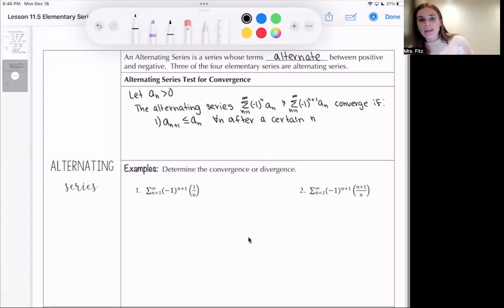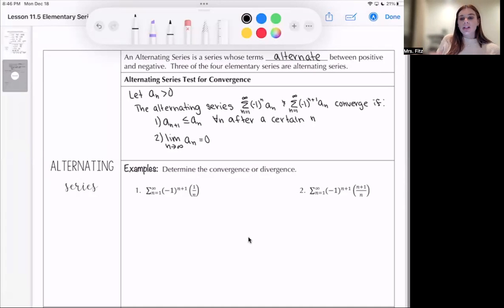Now, it basically just means that the terms are never increasing in absolute value. Okay. And then number 2, second condition, is that the limit as n approaches infinity of a sub n is equal to 0.